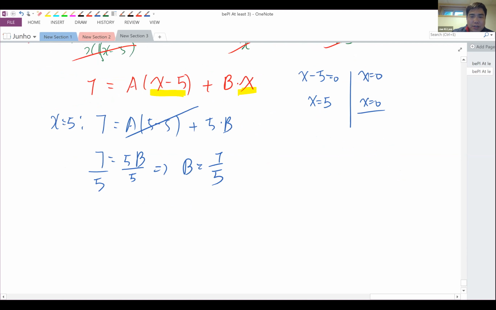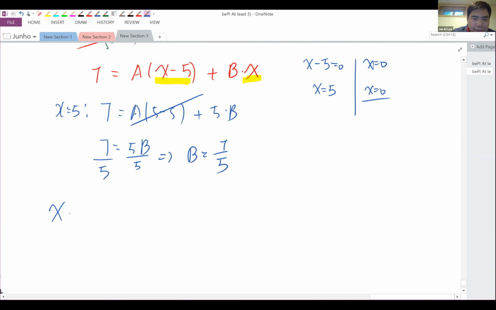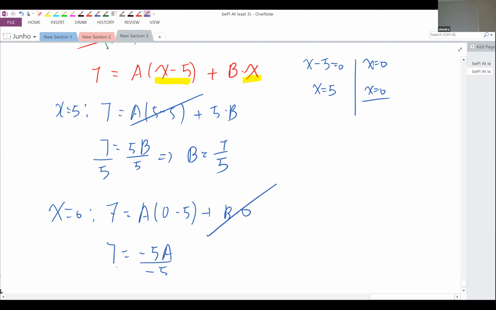Now x equals 0. And 7 equals a times 0 minus 5 plus b times 0. So this is gone. So 7 equals negative 5a. So divide by negative 5. So a equals negative 7 over 5.